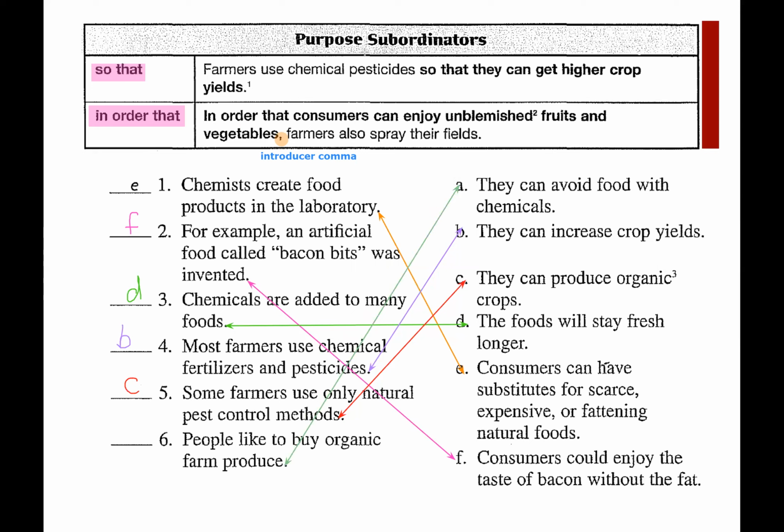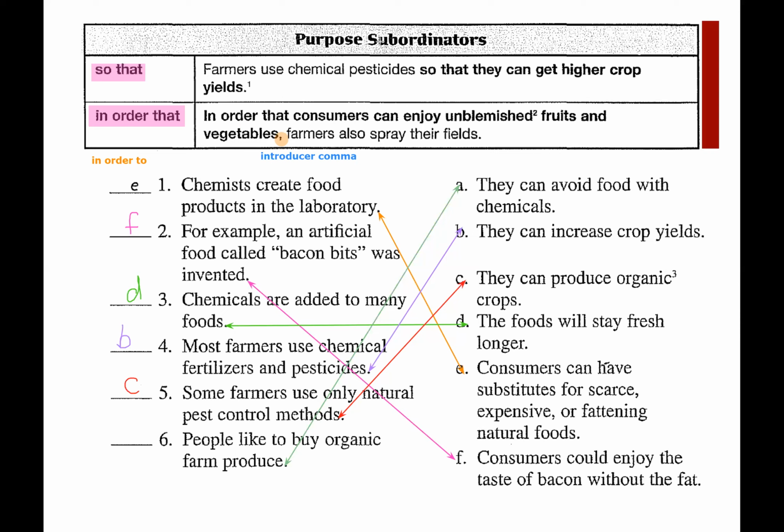Now some students might wonder, what is the difference between "so that," "in order that," and "in order to"? When we want to use "in order to," we need to make sure that the subject of the two clauses stays the same, so we can omit the second subject and change it to "in order to." Let's take a look at the example.